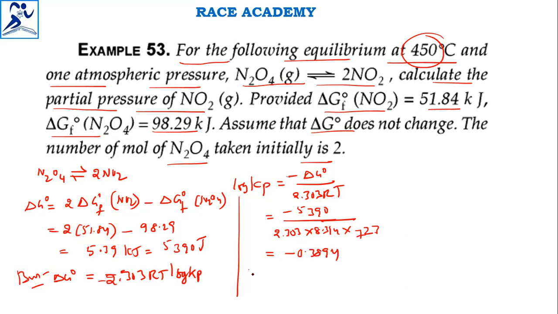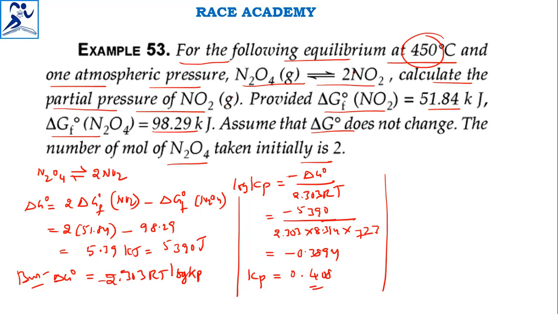And if you take the antilog of all these things, you will finally get the Kp value, which is 0.408 after taking antilog of this value. This indicates that we have the Kp value 0.408, and this Kp value can be used to calculate the alpha. That means to calculate the partial pressure of NO2.